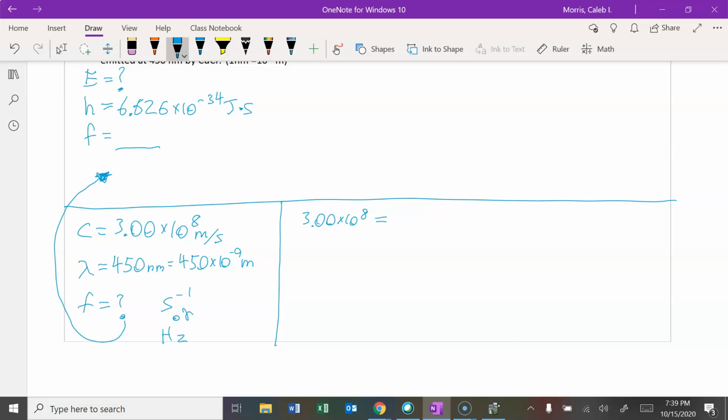equals, remember c equals wavelength times frequency. That's what we're doing down here, and we're trying to find frequency. So 3.00 times 10 to the 8th equals the wavelength, 450 times 10 to the negative 9th, or we could do 450 E negative 9 in the calculator, and then that is multiplied by f. I want to solve for f, so I'm going to divide both sides by 450 times 10 to the negative 9th.